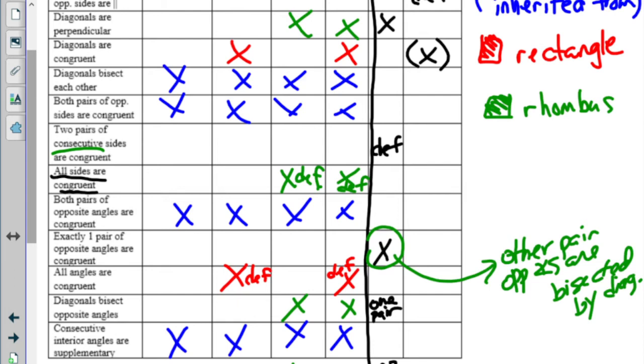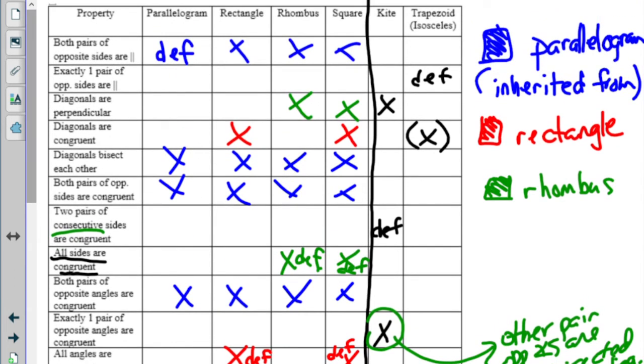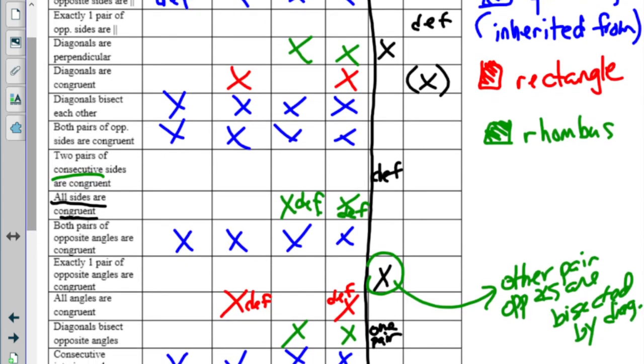Then in red, we have all the things that are true about a rectangle. And because they're true about a rectangle, they're also going to be true about a square. And over in green, we have all the things that are true about a rhombus. And anything that's true about a rhombus is also going to be true about a square.